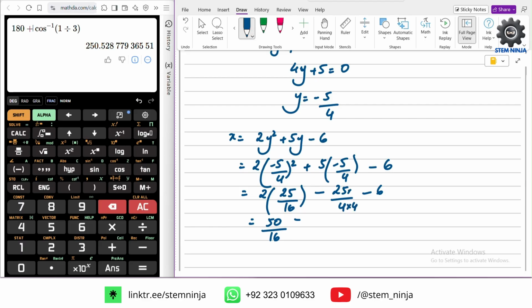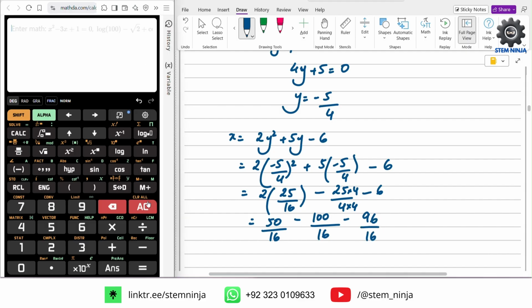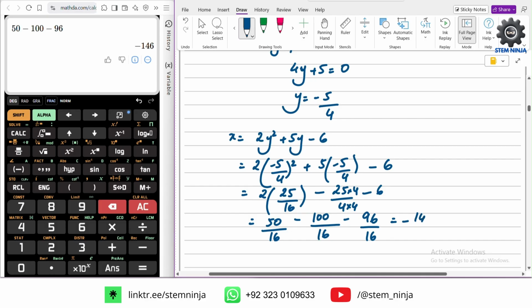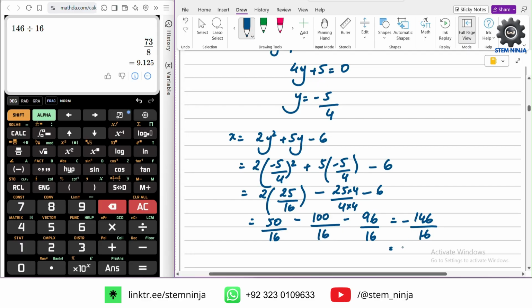4 times 4 times 4, so this is 100 over 16, and 16 times 6 is 96 over 16. So you will have 50 minus 100 minus 96, so this is minus 146 over 16, divided by 16, this, oh no, 73 over 8.